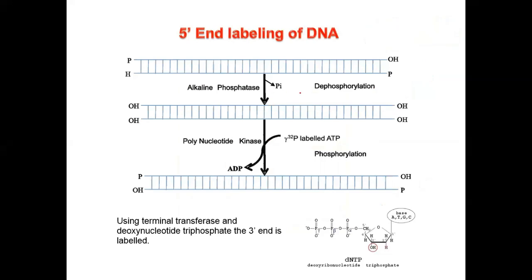Another method is 5' end labeling of DNA. Here, the entire stretch of DNA is not labeled, but only your 5' phosphate is labeled. In cases where high sensitivity is not required, where you can easily pick out with just one phosphorus-32 molecule, you can use 5' end labeling of DNA.